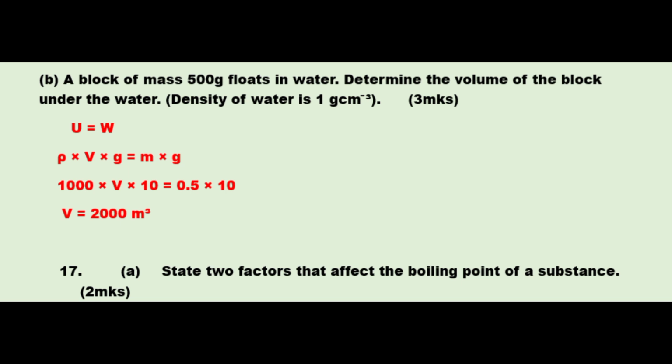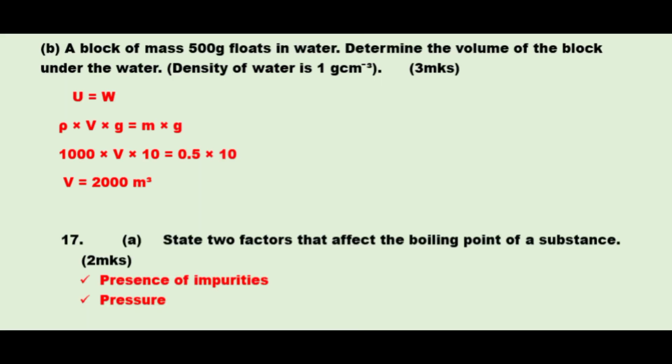Let's go now to the next question, that is 17a. State two factors that affect the boiling point of a substance. Of course, the first one is the presence of impurities, and then we have the pressure.